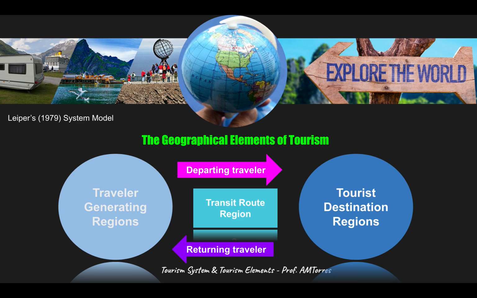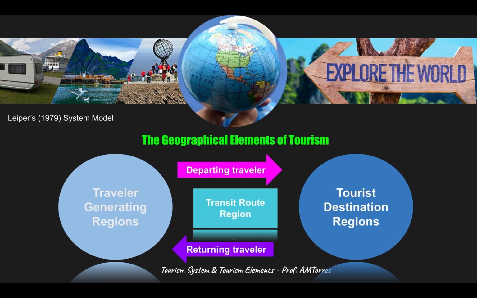Okay, so at this point, let's first take a look at how the tourism activity happens. For us to understand how it happens, we have to look at the geographical elements of tourism. When we say geographical element, we are referring to the space that is involved in this tourism activity.